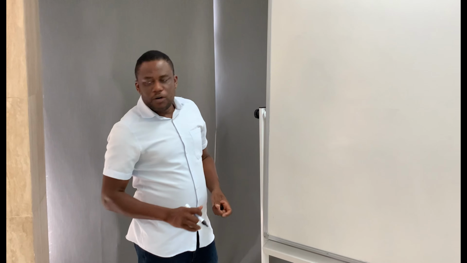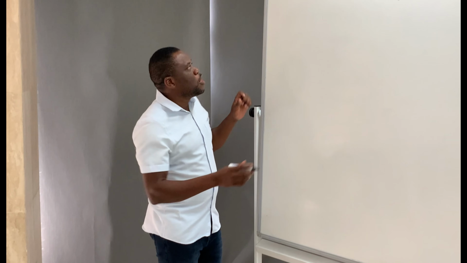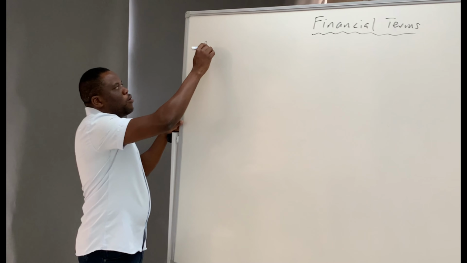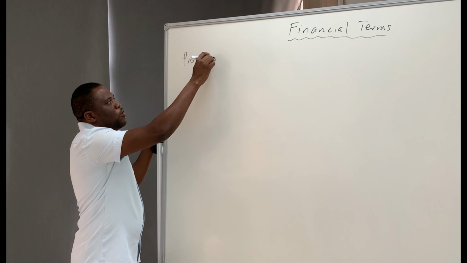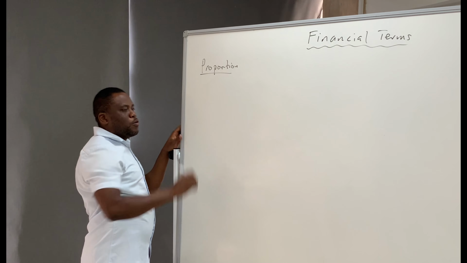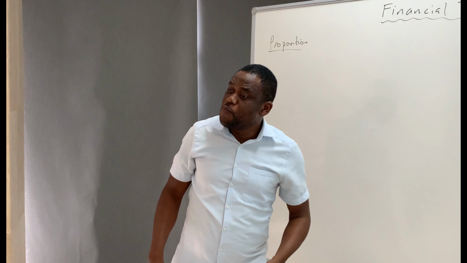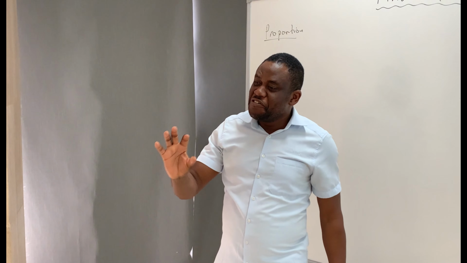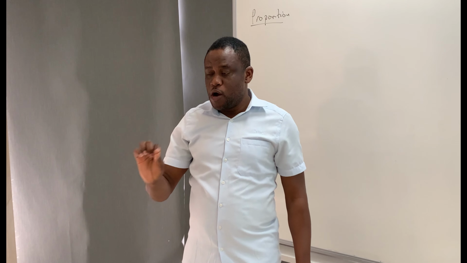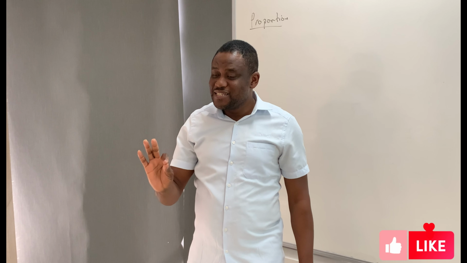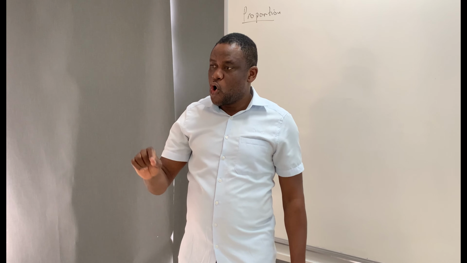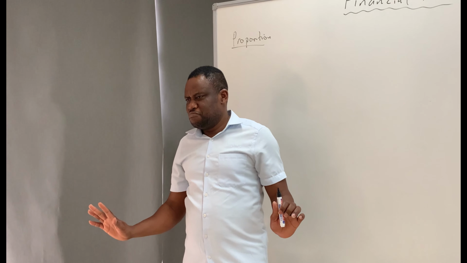Good. So the next financial terms we are going to look at now is proportion. What is proportion? In a very simple layman definition, proportion is an equation of ratio. Simple.